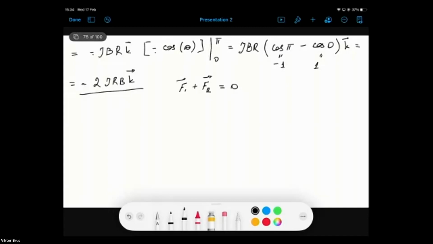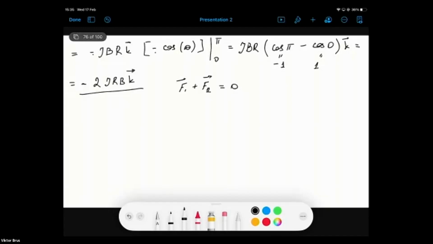So it could be a straight line, as we had in this example, segment 1 of the loop, or it could be a curved conductor of any form, but still the ends of this conductor are in the same points A and B. The total magnetic force acting on these different shaped conductors will be the same.